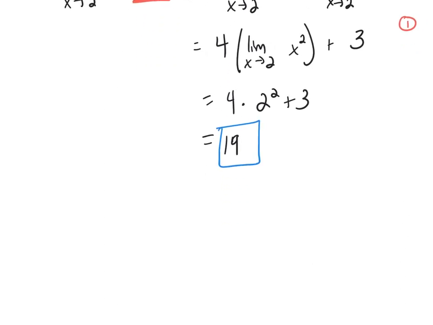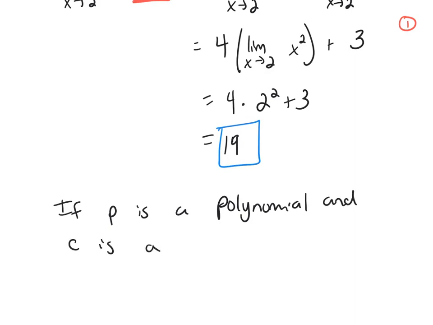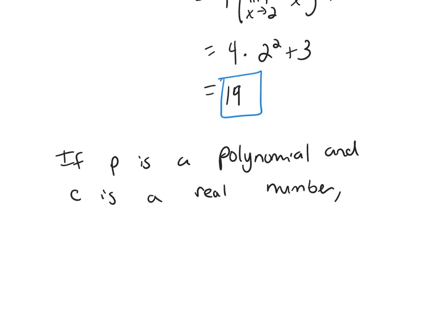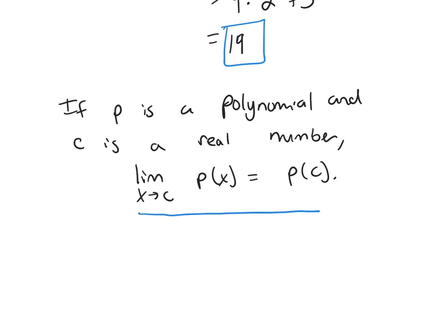So I'll write the general rule here: if p is a polynomial and c is a real number, then the limit as x goes to c of p of x will be p of c. So if you're computing a limit of a polynomial, you can just plug your value into the polynomial and that will compute the limit for you.